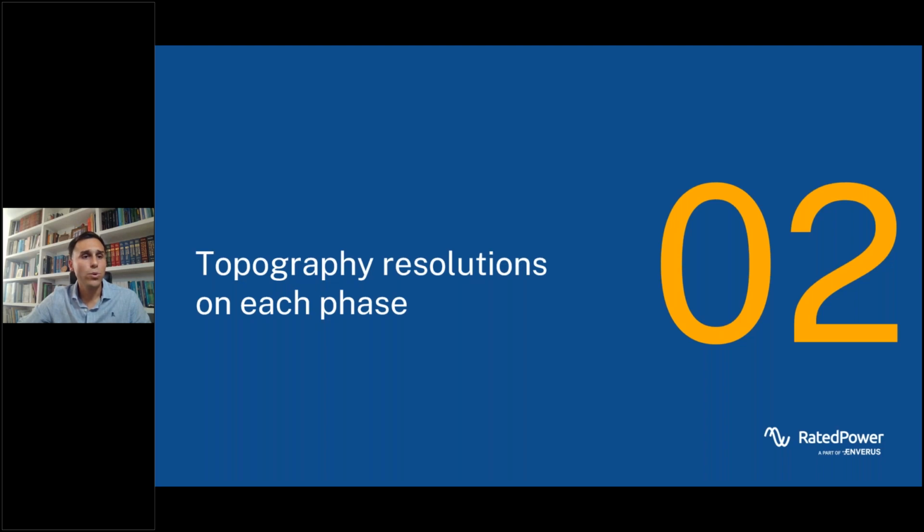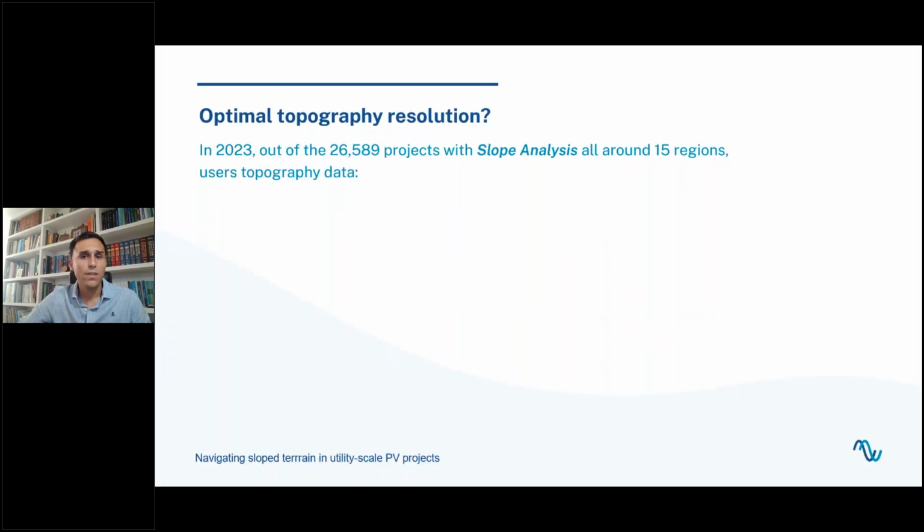So, topography resolution on each phase. Determining what's the optimal topography resolution on each project stage is a key factor, not only for time, but also for money. So I researched a little bit about the previous year, specifically 2023, and out of the 26,589 projects that customers developed in RatedPower, they had performed slope analysis.